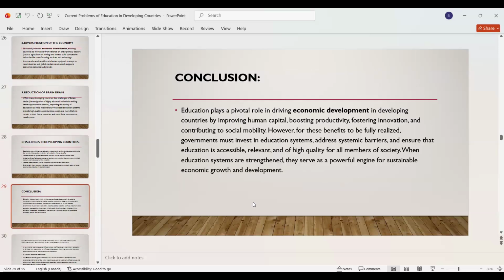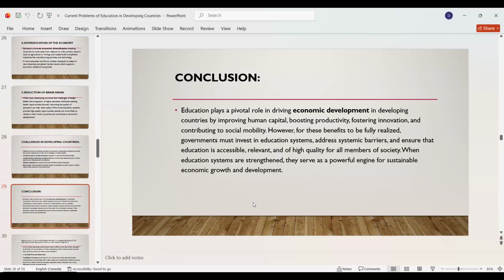So the conclusion is that education plays a pivotal role in driving economic development in developing countries by improving human capital. That means education improves human capital, boosting productivity, fostering innovation, and contributing to social mobility, right?